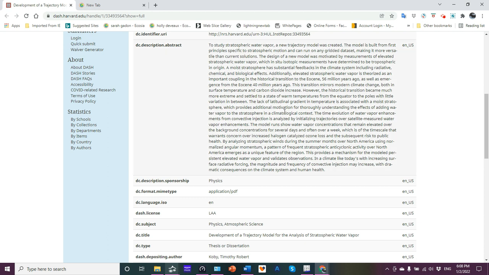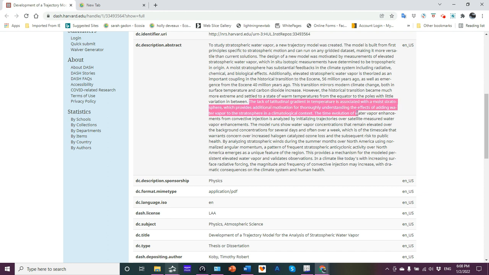That's important. In other words, the lack of latitudinal gradient in temperature is associated with a moist stratosphere, which provides additional motivation for thoroughly understanding the effect of adding water vapor to the stratosphere in a climatological context. Lack of a latitudinal gradient in temperature.